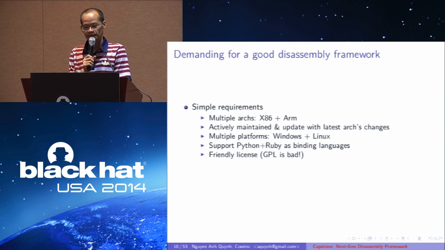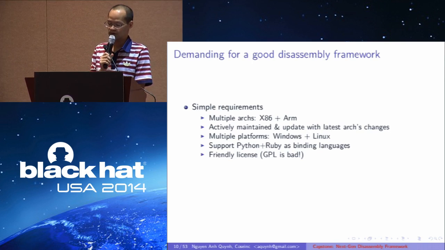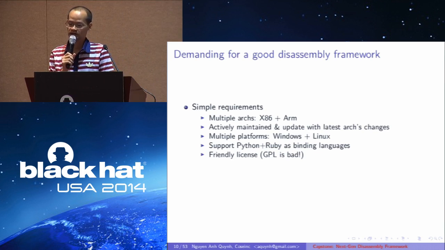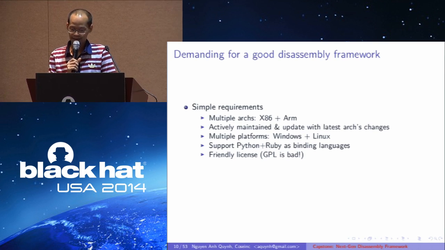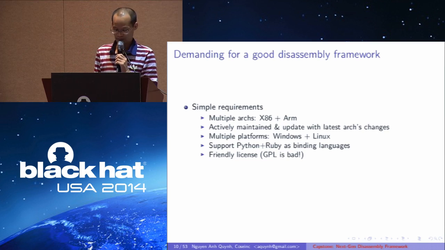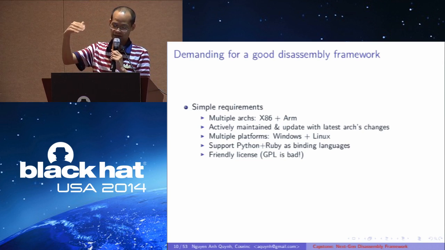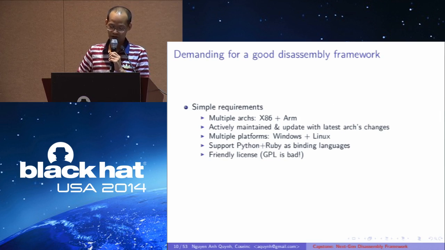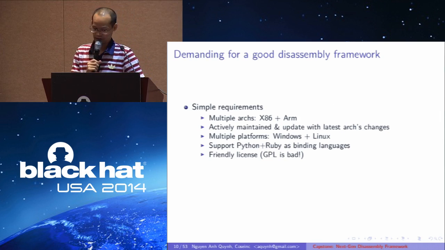So here are my demands for a good framework, which I tried to look for last year. I want x86 and ARM. I want something that's actively maintained and updated with the latest changes in every architecture, in x86 and ARM, because x86 extends the architecture very frequently, and that also happens with ARM.